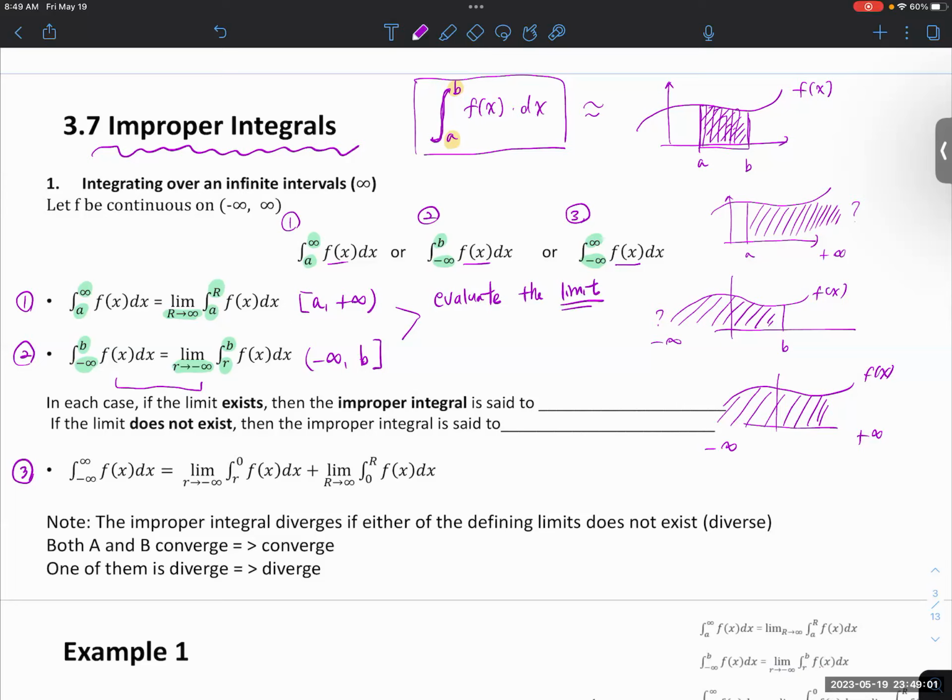The limit helps us find out whether the limit exists or not.